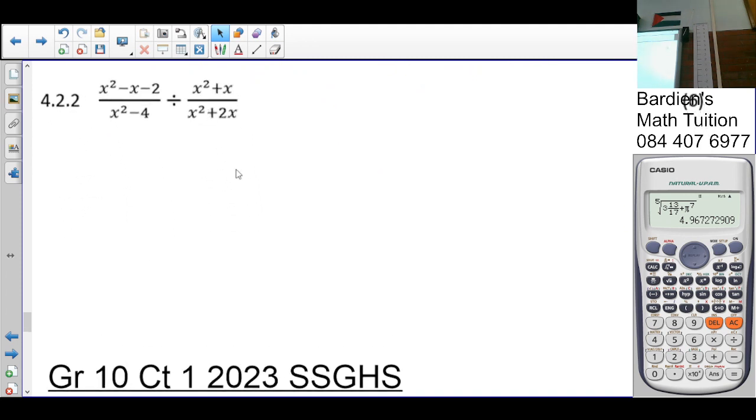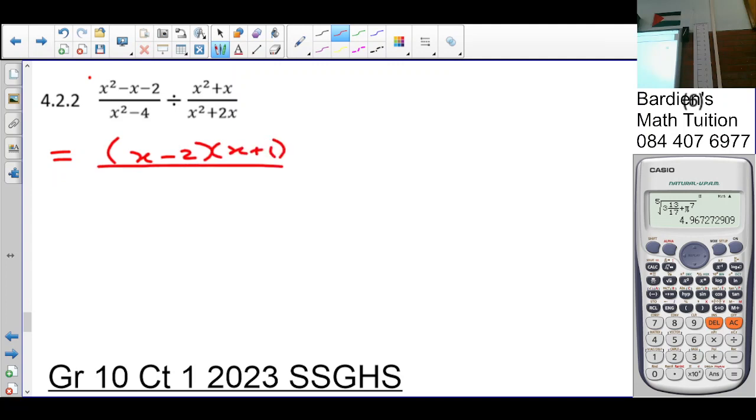Right. People, again 4.2.2. We got x squared minus x minus 2 over x squared minus 4, divided by x squared plus x over x squared plus 2x. People, what you need to do first is factorize. Trinomial. So it's x minus 2, x plus 1 over difference of 2 squares, x plus 2, x minus 2.